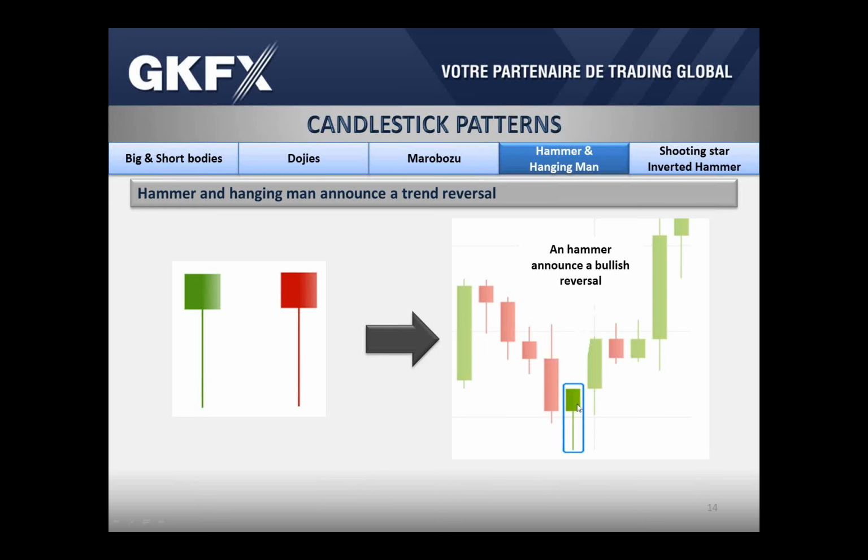Okay, it's about the position and the shape. Here this is a hammer. If it's at the end of a bearish trend, it's giving you a bullish reversal signal. And as you can see, after the hammer, a reversal occurred.